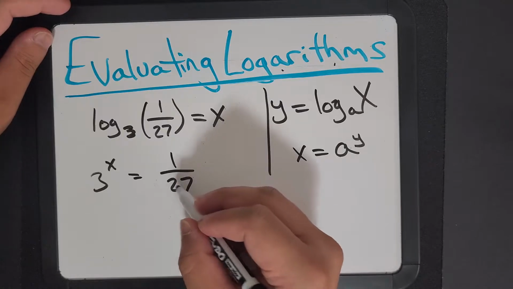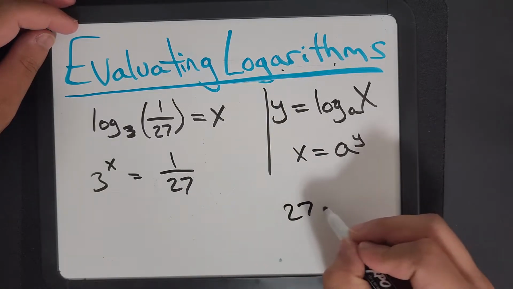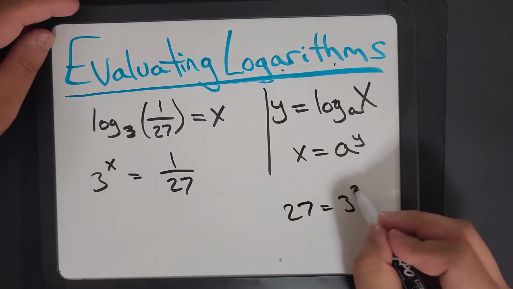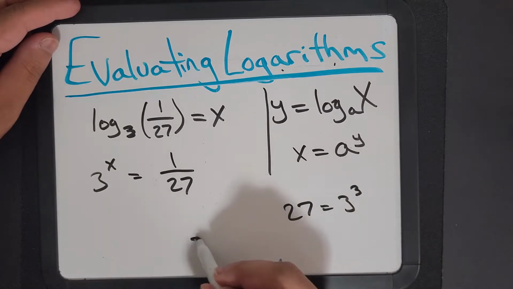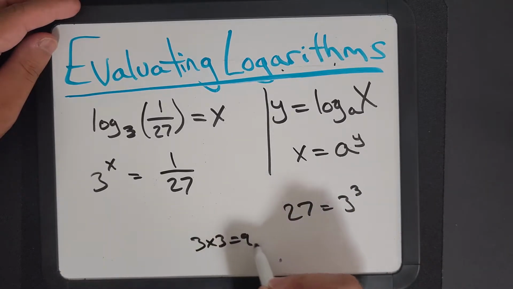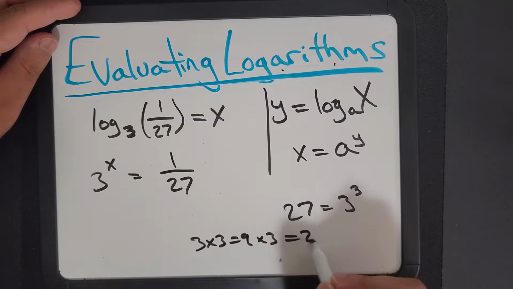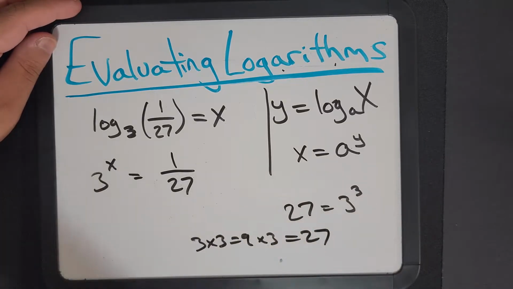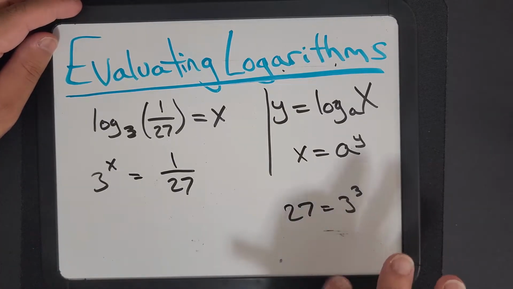Let's see. I know 27 is equal to 3 cubed. 3 times 3 equals 9, 9 times 3 is equal to 27. I know that.